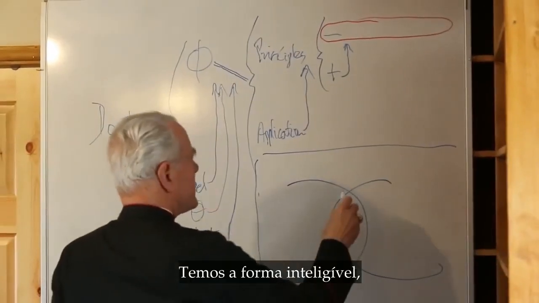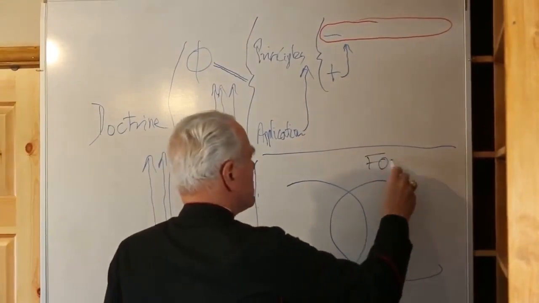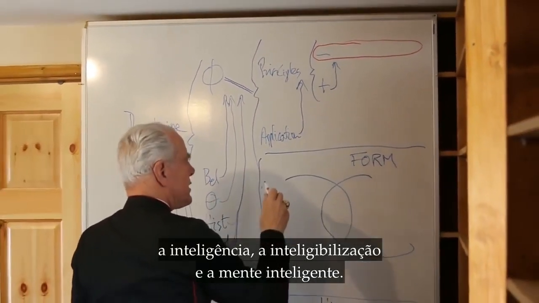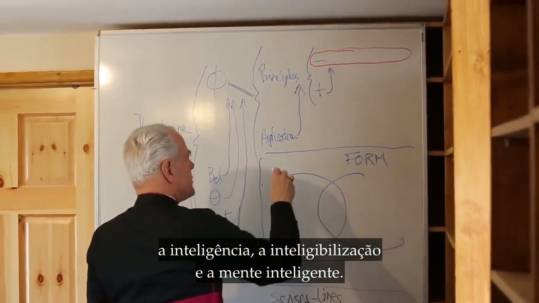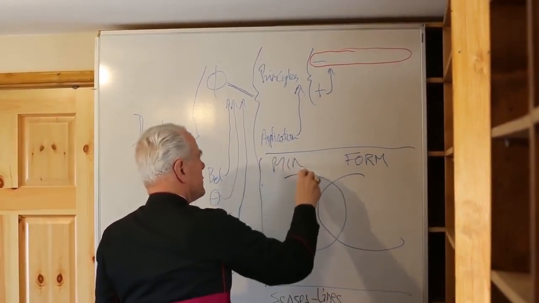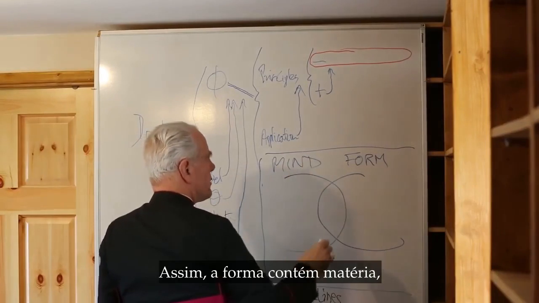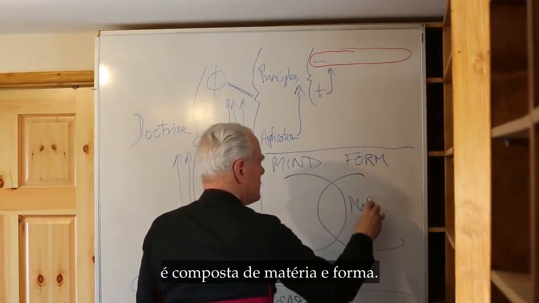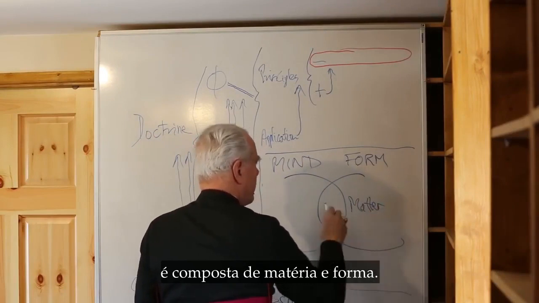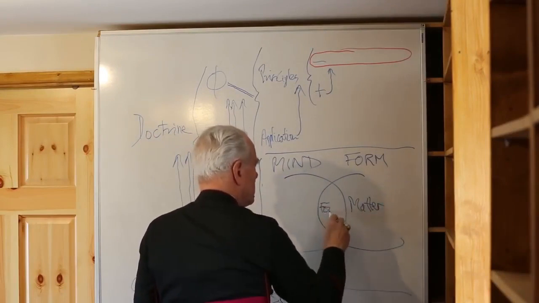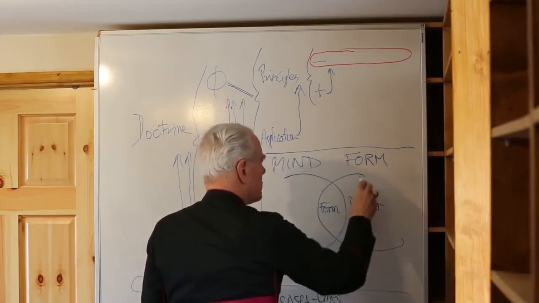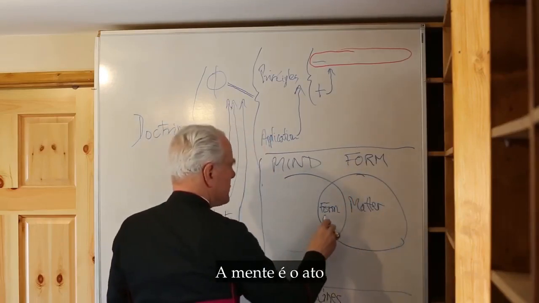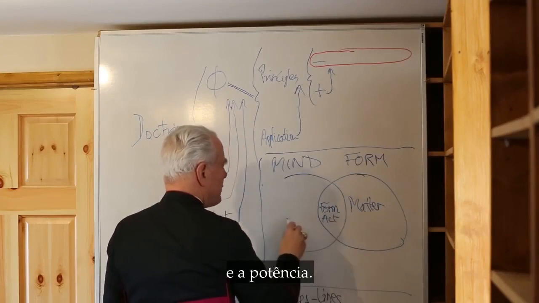We've got the intelligible form and the intelligibilizing and intelliging mind. So the form is composed of matter and form. The mind is act and potency.